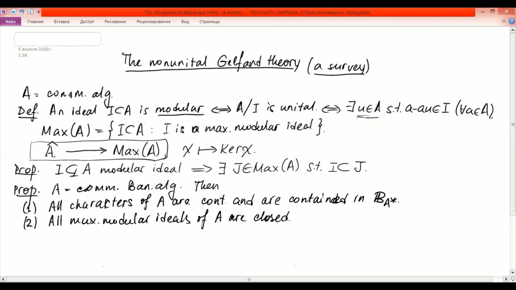And finally, the above map from A hat to the maximal spectrum is a bijection.